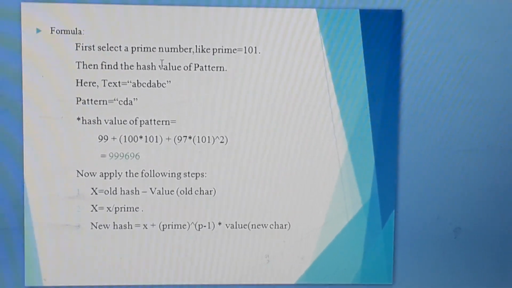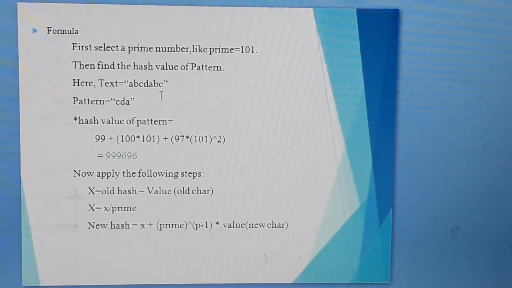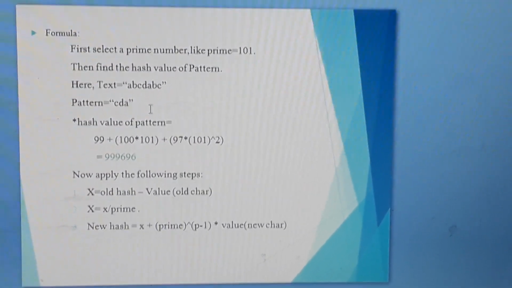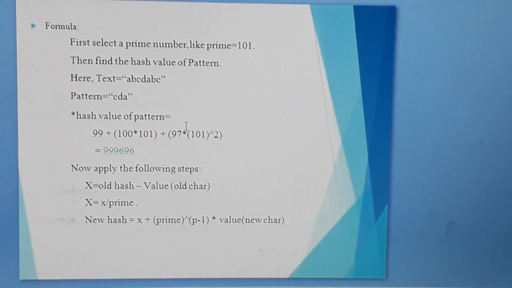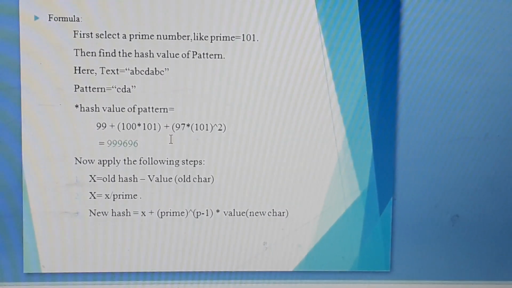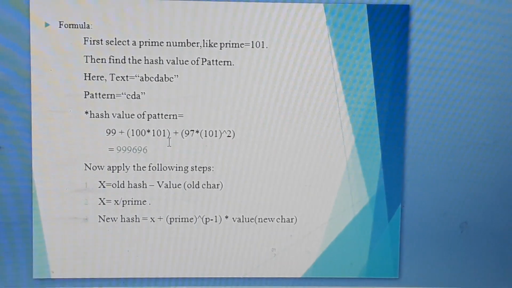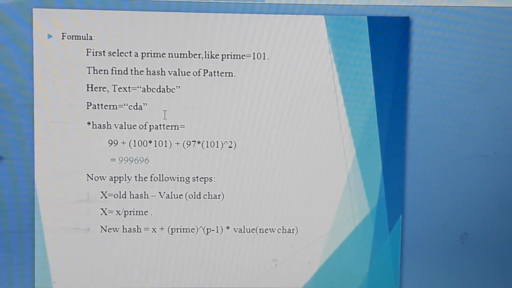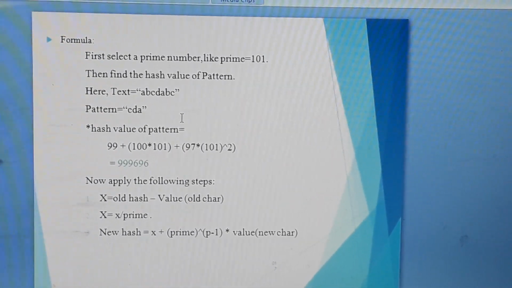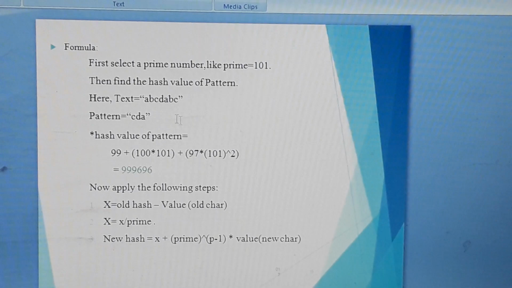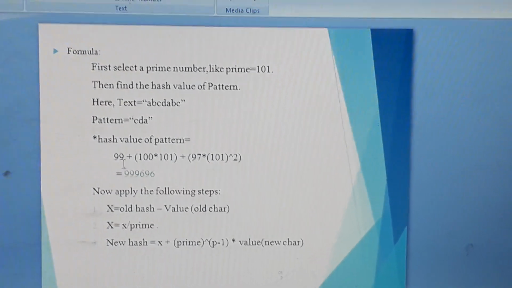Let's see. Here the given text is ABCD ABC and the given pattern is CDA. So we have to calculate the hash value of the pattern. We know the ASCII values: ASCII value of small a is 97, ASCII value for b is 98, and likewise ASCII value for c is 99.